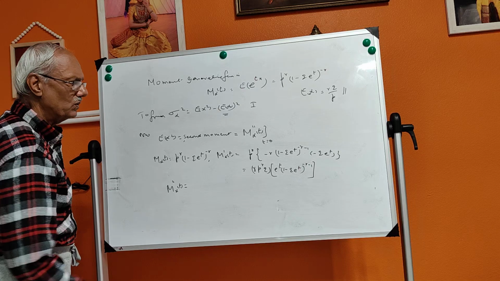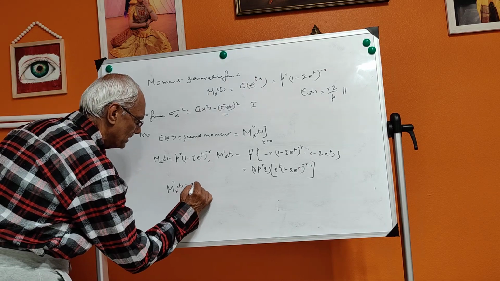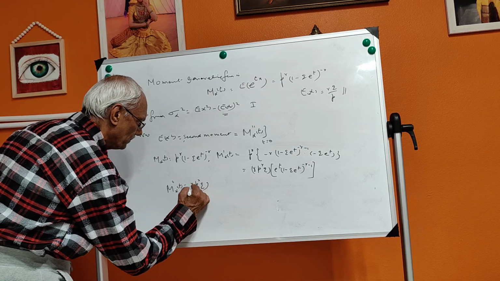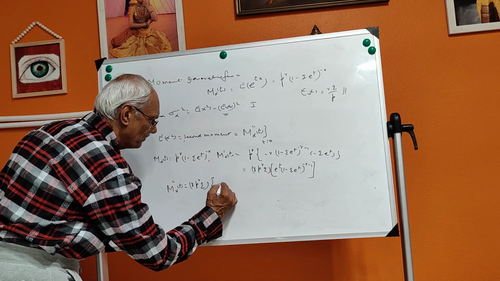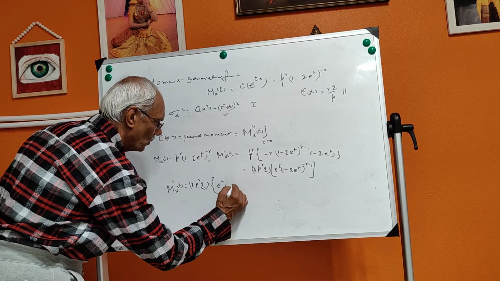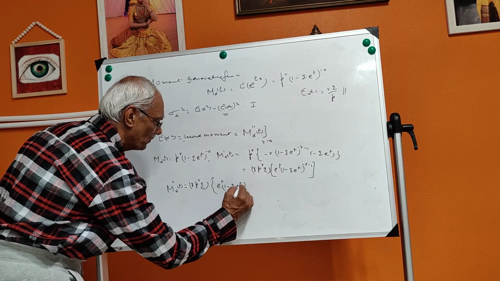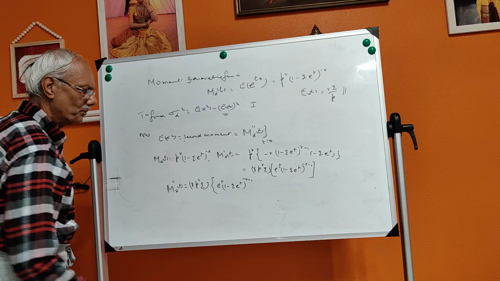Differentiate again with respect to t. Keep this as a, this is a constant, don't bother about this. This one, no. This is e to the power of t, which is itself. So e to the power of t, 1 minus q e to the power of t, minus r minus 1.